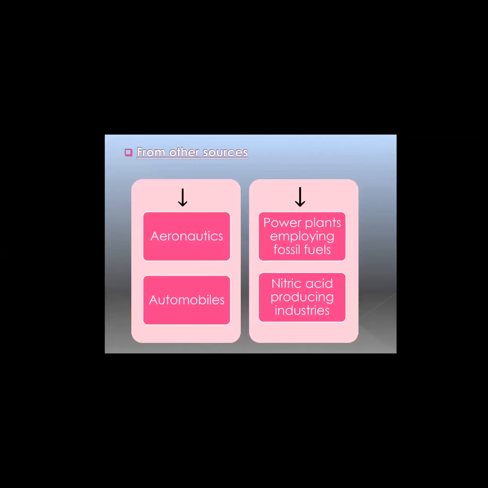Then we go into automobiles. The exhausts coming out of automobiles do contain some amount of oxides of nitrogen. And also we have industries which produce nitric acid, that is HNO3.